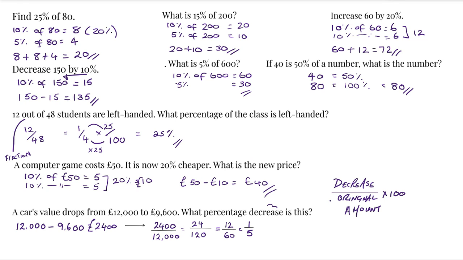Now there is a formula, and the formula is the decrease amount at the top divided by the original amount, times by 100. This is because it's asking us for the percentage decrease. So our decrease is 2,400 and our original amount is 12,000. Right, let's simplify this. I've just done that with my zeros.